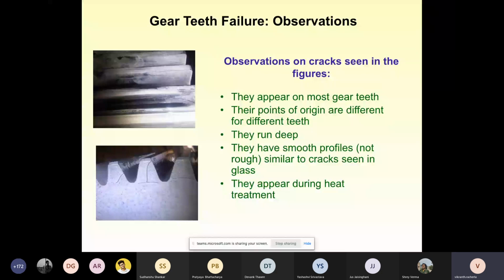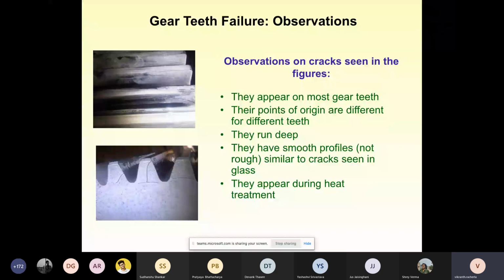Martensite formation leads to nearly 4% increase in specific volume, and that can also be a cause for stresses within the material. But nonetheless, the short answer is excessive cooling rate could have caused this martensite formation, which is very brittle and also resulted in thermal stresses and transformation stresses which are too high for the material, leading to such a cracking.